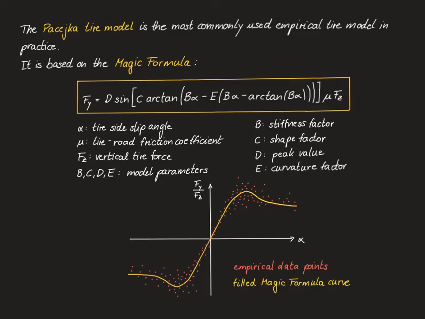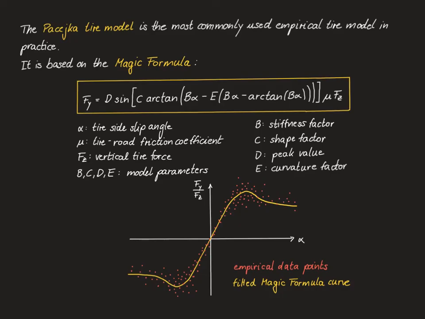And finally, the curvature factor E controls the shape of this peak. Of course, there are many extensions to the Pacejka tire model, and if you enter this field professionally, it becomes a science in its own right. However, for our purposes, this level of detail shall be sufficient.